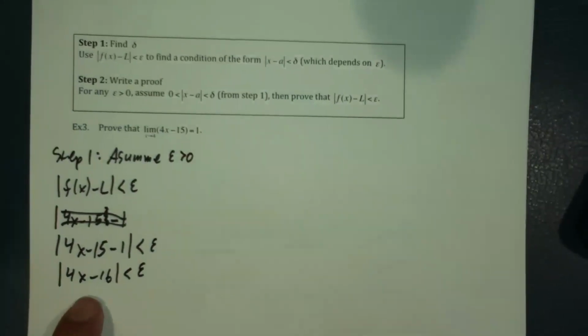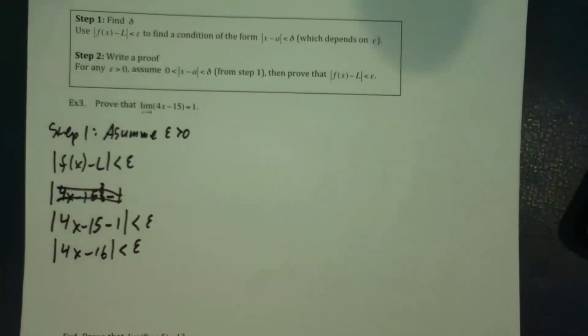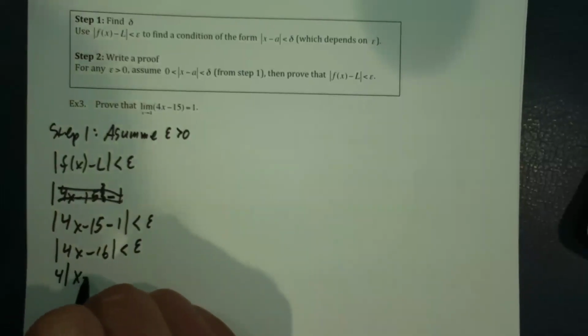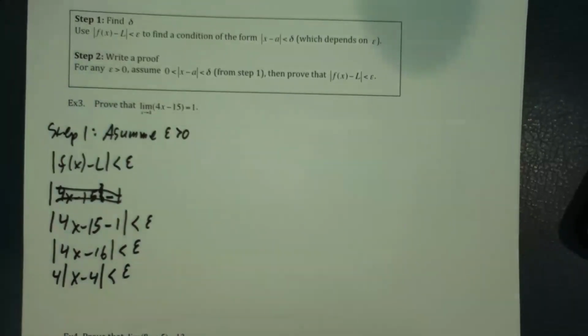And I'm going to factor a 4 out of that. And when I do that, I can actually take it out of the absolute value because the absolute value of 4 is 4. So we're good. And now I'm going to divide both sides by 4.